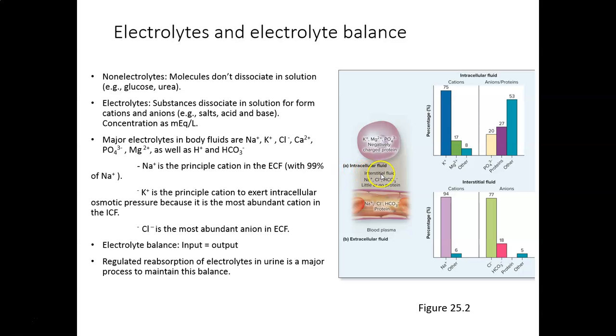Briefly, I want to point to a couple of things in this graph, right? Sodium here is the principal cation in the ECF. And not only that, in our body, water tends to follow the direction of the sodium movement. That's because our body membrane tends to be a selective semi-permeable kind of membrane.